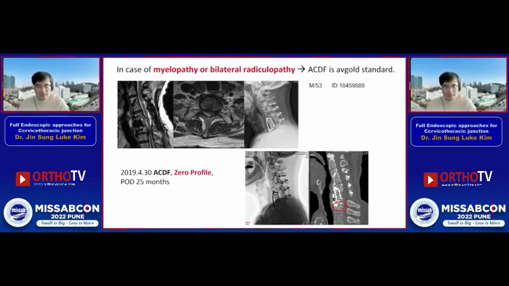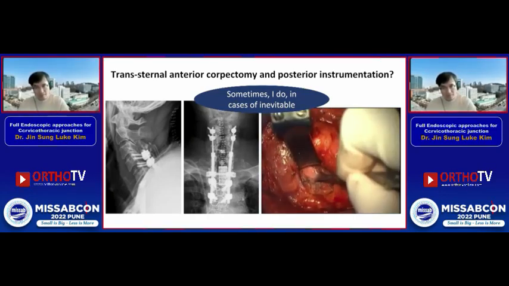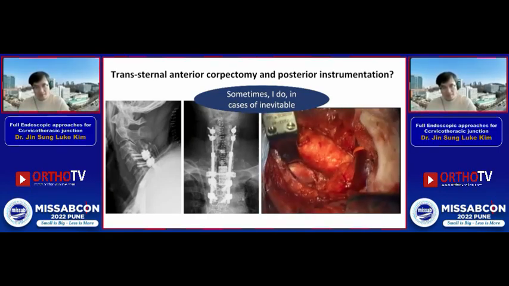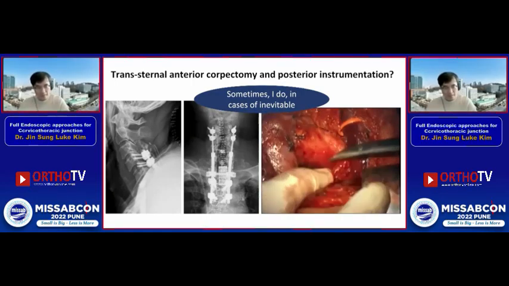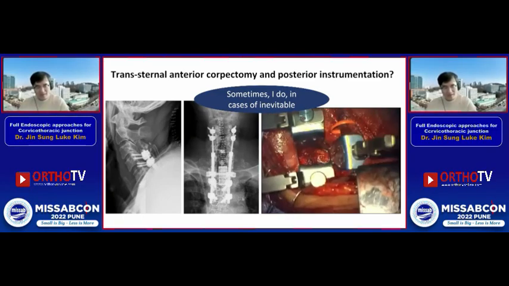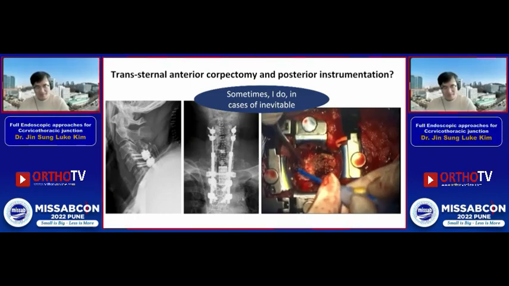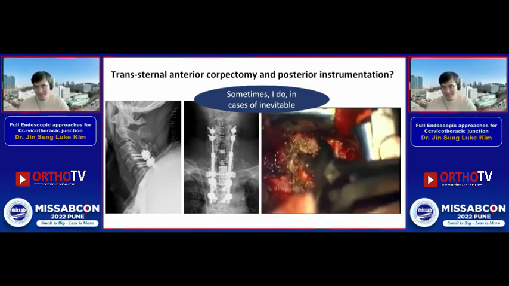In case of myelopathy or bilateral radiculopathy, I agree ACDF is the gold standard, and I have done it as well. Like this patient, but some patients, sometimes I do, in case of inevitable, even the transsternal anterior corpectomy and posterior instrumentation, which is a big and challenging case. You guys know that I only do endoscope surgery. It's not so. I do this kind of challenging case as well.